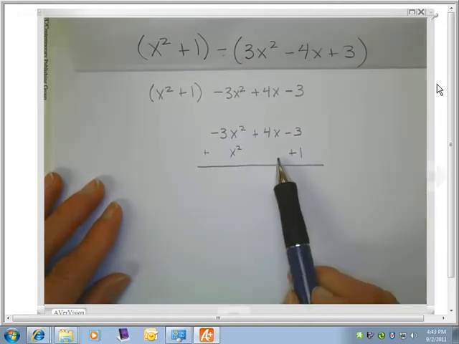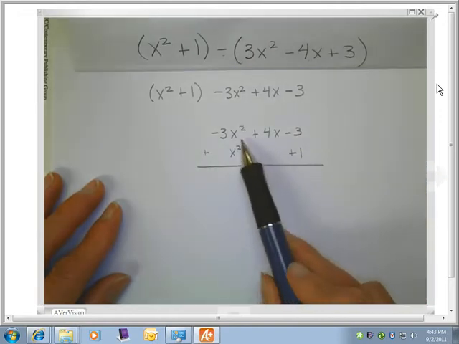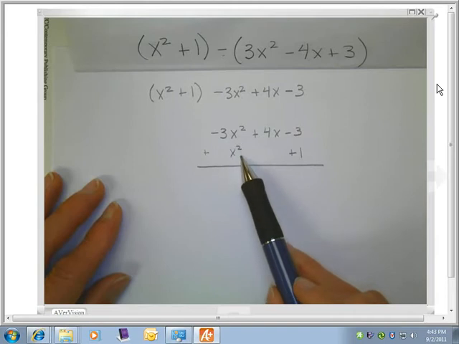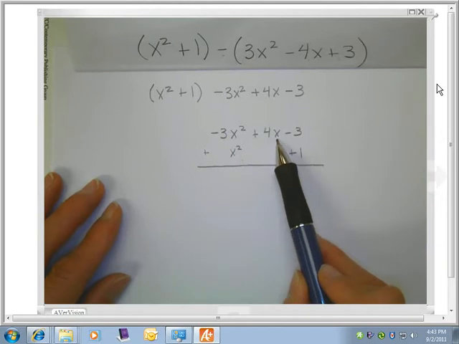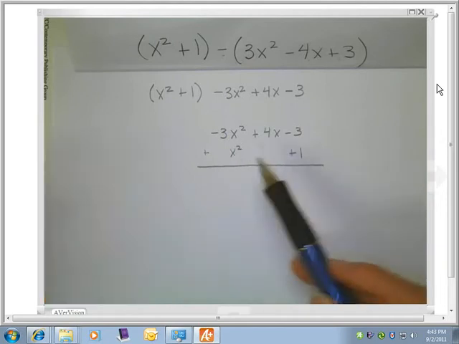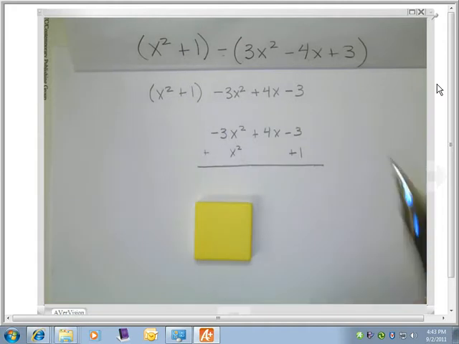Notice how I left a space there. Notice how I aligned my like terms, x squared and x squared, same term. X is different. Remember, this is an x squared and this is an x. You can't combine the two. They're totally different.